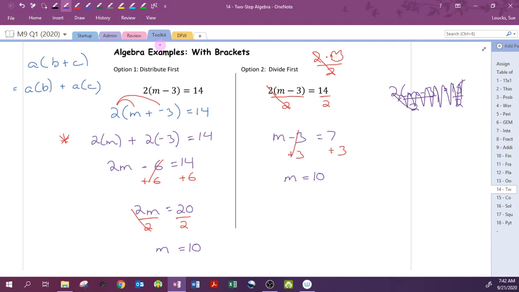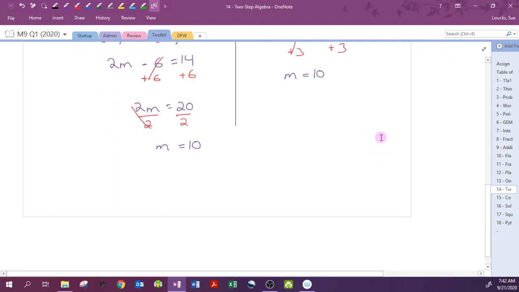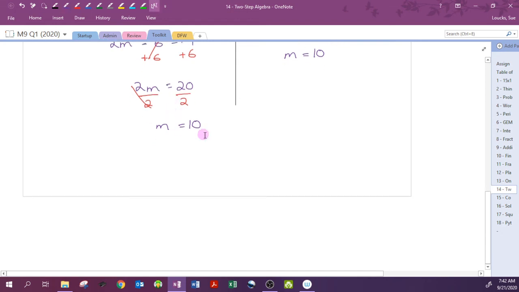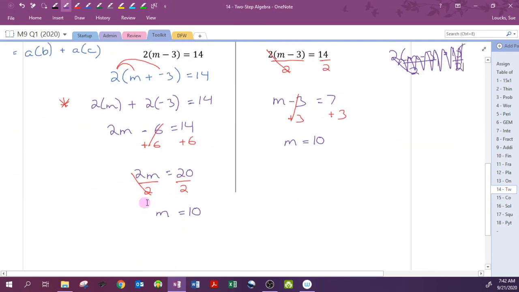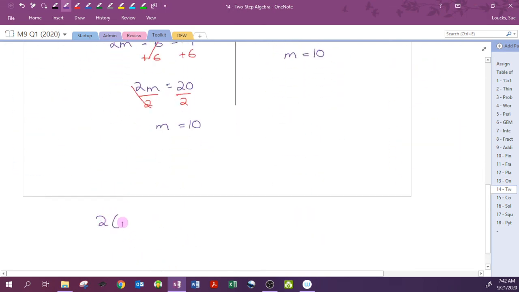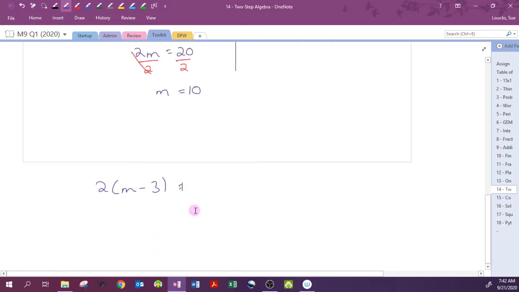Okay. One other thing that I just want to show you, and again, don't write this down because this is just sort of for the sake of completeness. What was my question? 2 times m minus 3 equals 14. Okay. What would happen if I tried to add 3? Well, the problem is that I don't actually have a minus 3.